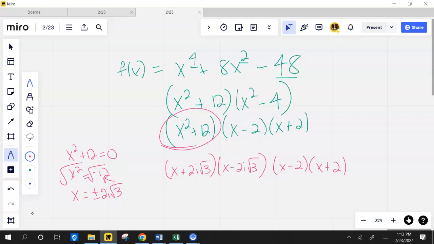Why don't you just leave it? This is the complete factorization now. You have to write each one. That's the linear factorization.